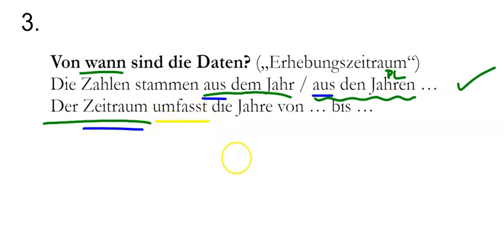So the time period umfasst encompasses, incorporates, is comprised of die Jahre, the years, von bis. So von 2000 bis 2022. So from the years 2000 to 2022.